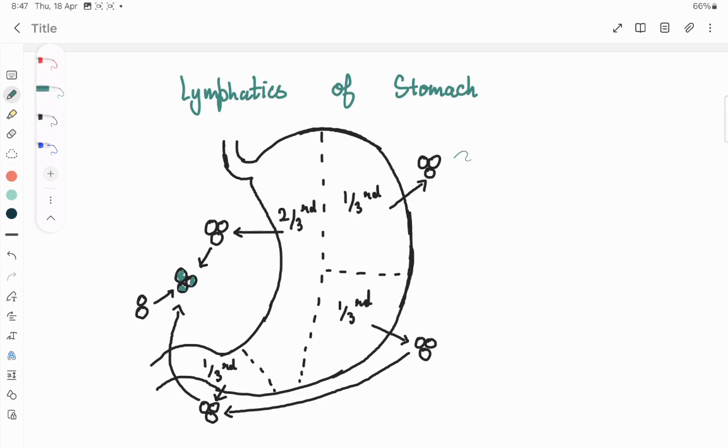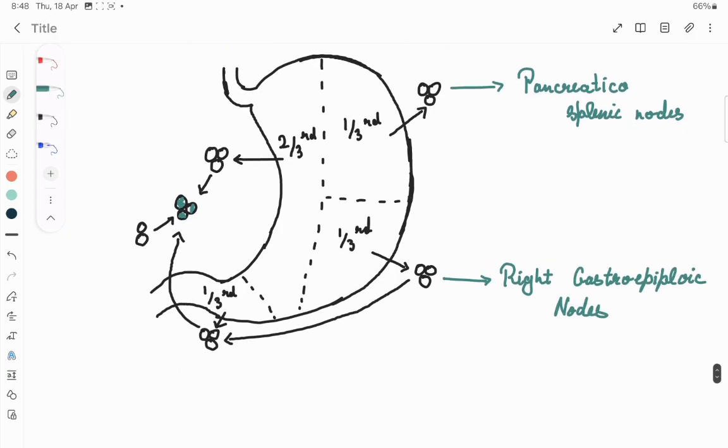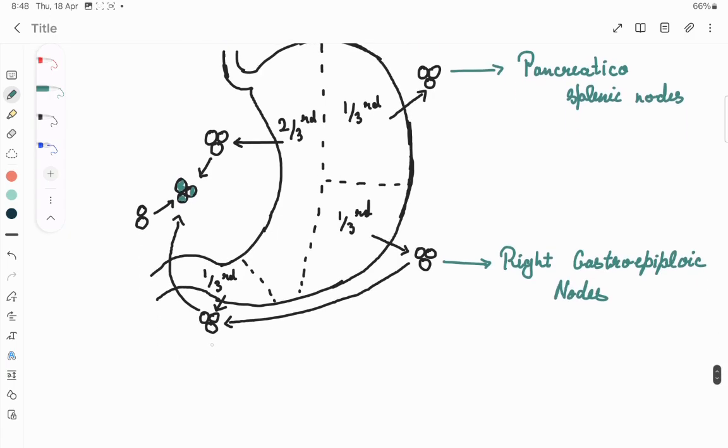So this is the pancreaticosplenic nodes, which are draining the upper left 1/3. Then we have the right gastroepiploic nodes, then we have the subpyloric nodes.